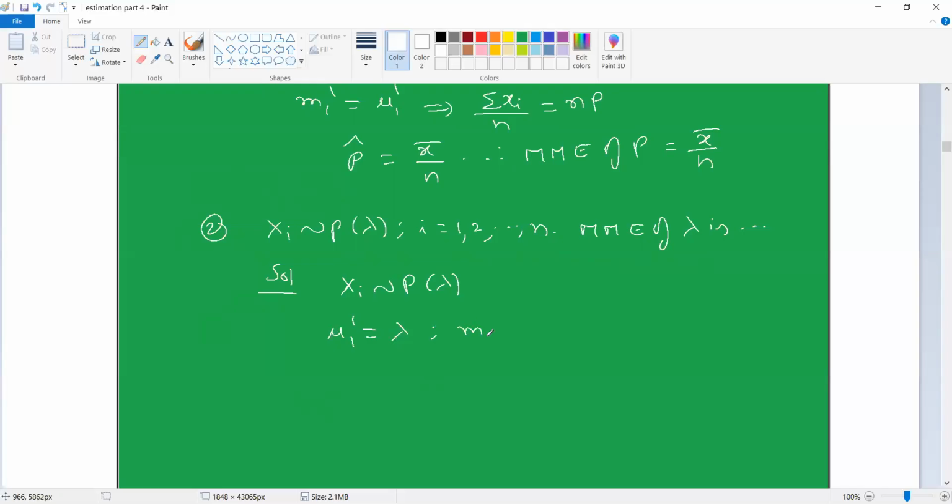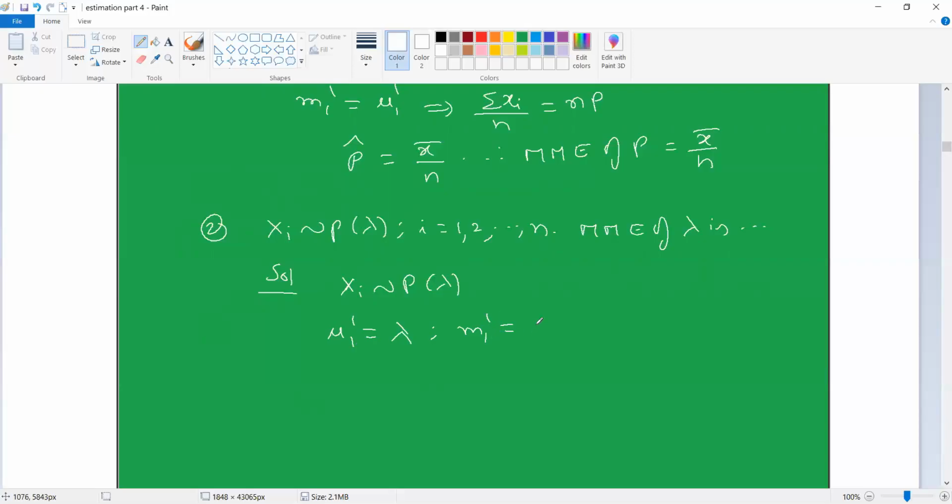Now one parameter is to be estimated here. In this case, one population moment and one sample moment are required. Suppose two parameters are to be estimated, then two population moments and two sample moments are required. In this case, the distribution has only one parameter, so to estimate that parameter, one population moment and one sample moment are required.